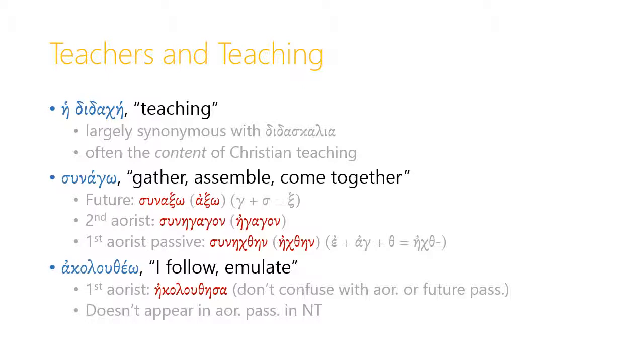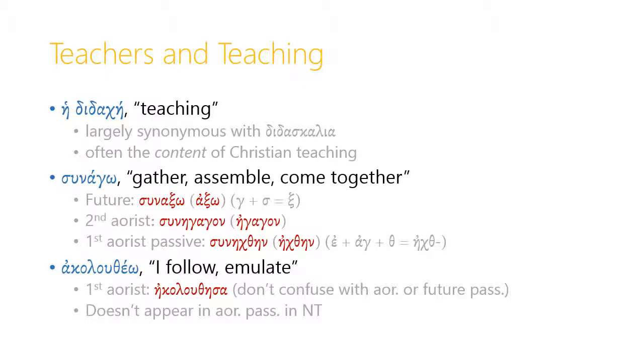Just keep in mind that this is one of the few cases in which another verb in a different tense can kind of masquerade for a moment as the aorist passive or future passive.